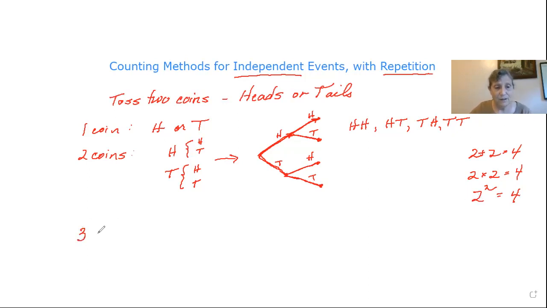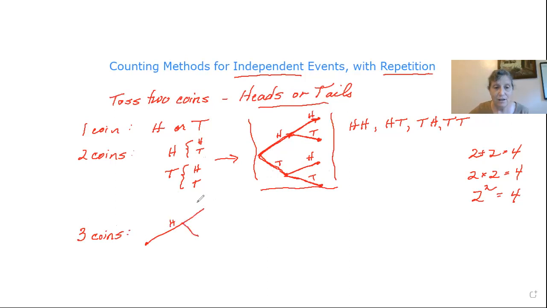Well, let's go with 3 coins and see how that goes. If we have 3 coins, then if the first one lands on a head, all of these possibilities still hold true for the second 2 coins.